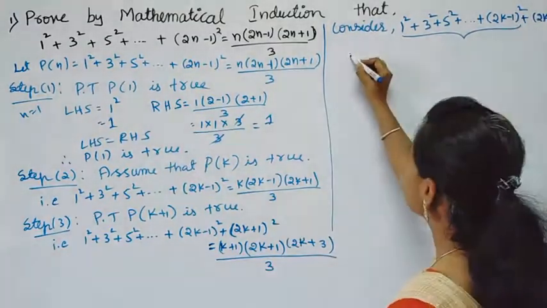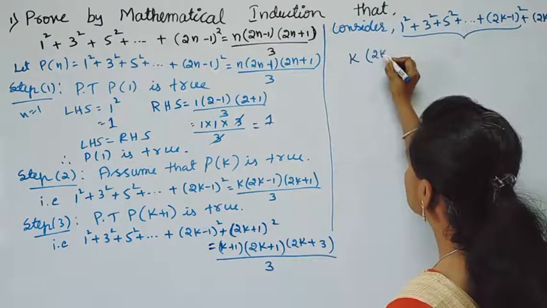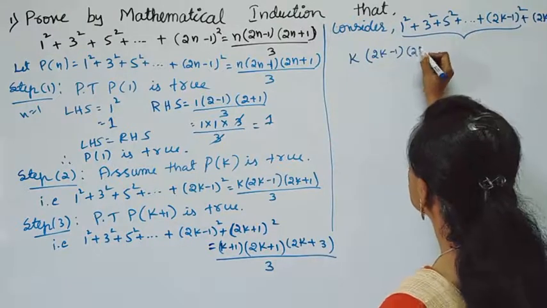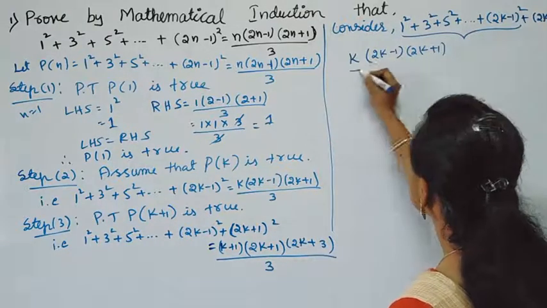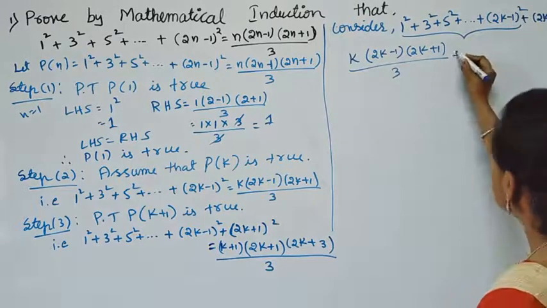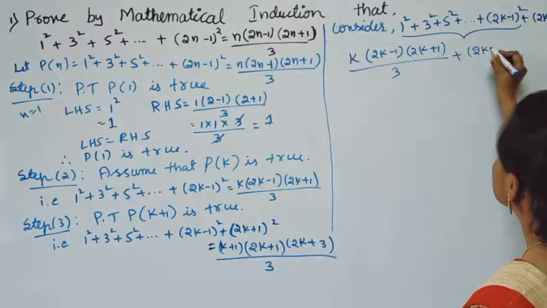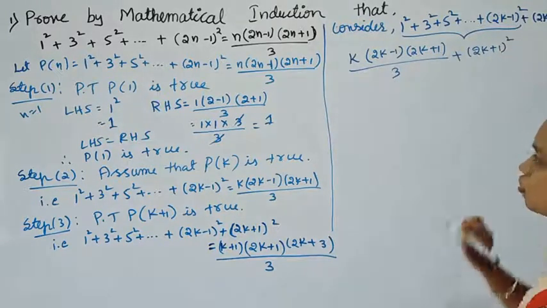This one: k into (2k minus 1) (2k plus 1) whole divided by 3, plus what is the remaining term? (2k plus 1) the whole square.